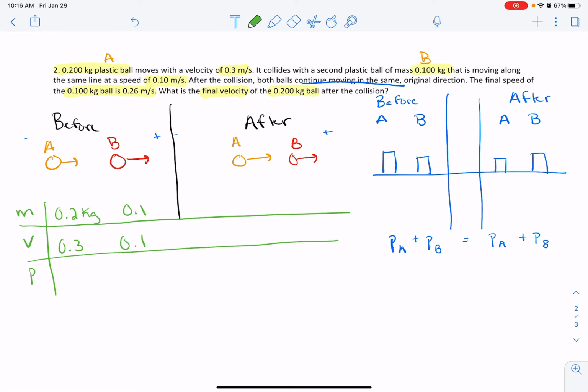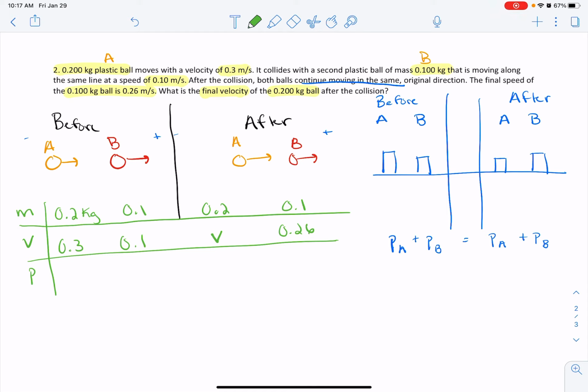Then after, the masses stay the same, right? So it's still 0.2 for A and 0.1 for B. We don't know the velocity of the 0.2 kilogram ball, but we do know the velocity of B, which is 0.26. I want you to take a second to write an equation now.